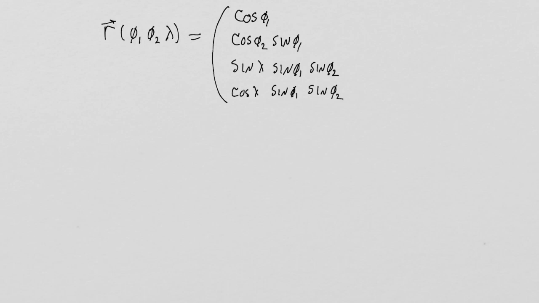sine phi 2. And now we can actually think in terms of vectors. When I say vectors, what I mean is little pointy things outside in Euclidean space. This is all very basic geometry, so we can lean on all of that classic stuff we learned before I told you to forget it all.